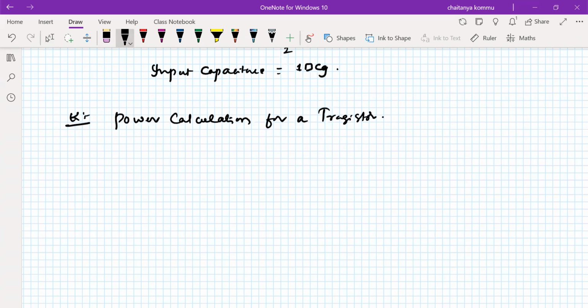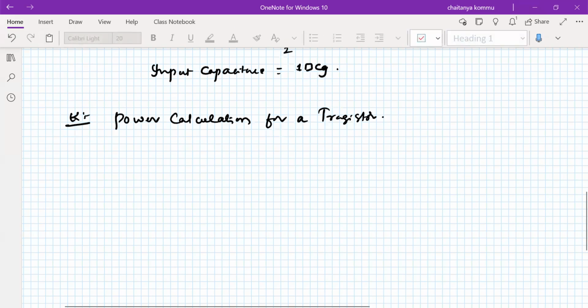For example, something like this, a piece of layout. This is a layout that we can see here.